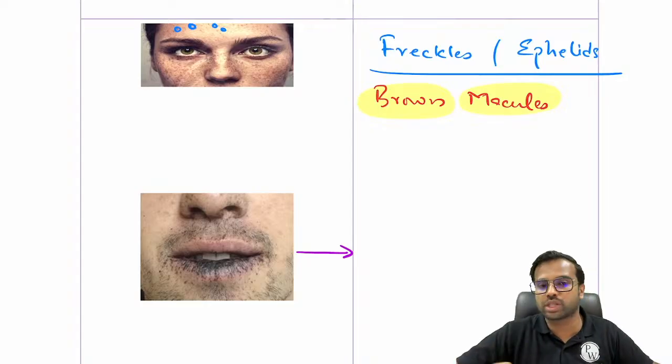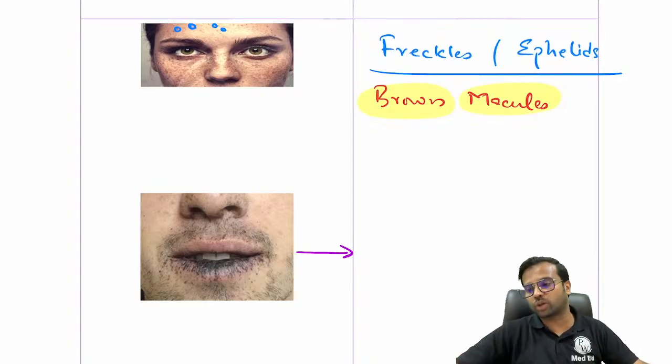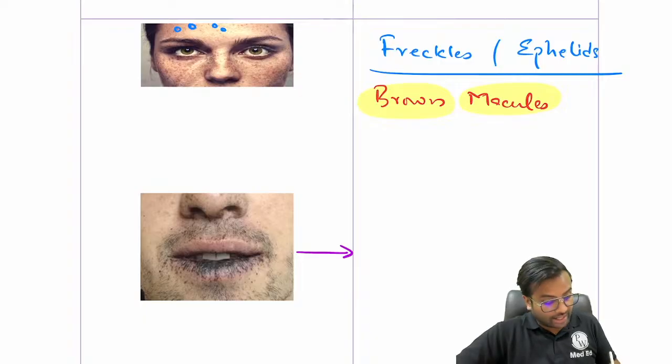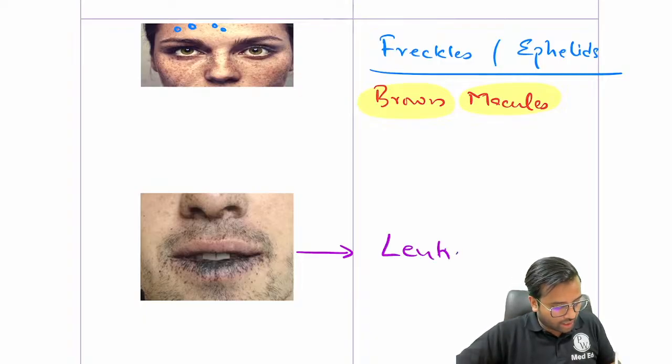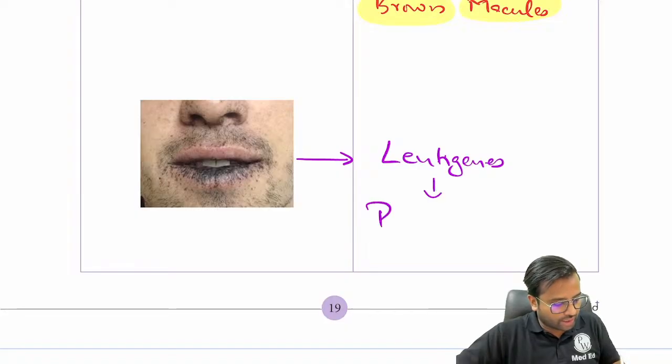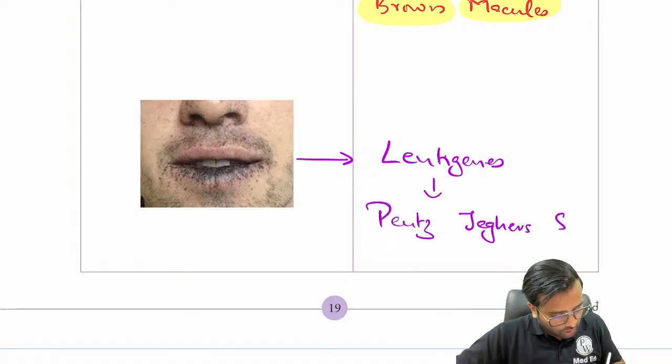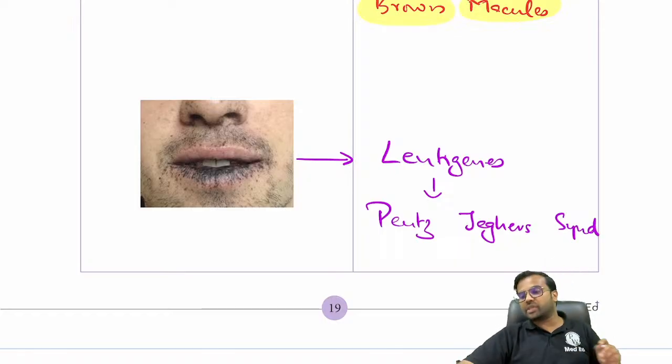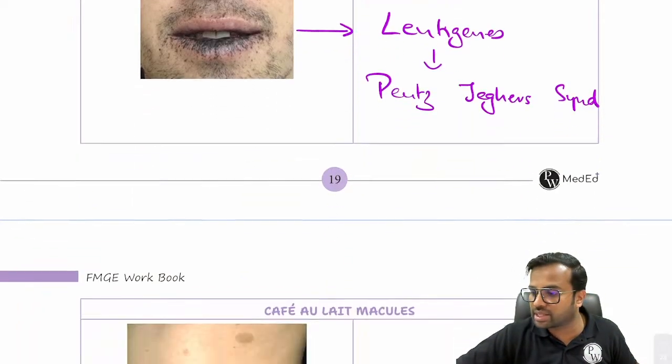This is going to be Peutz-Jeghers syndrome. I completely agree. Abhi ye skin lesion, what is it called? This is called lentigines. It is seen in Peutz-Jeghers syndrome.